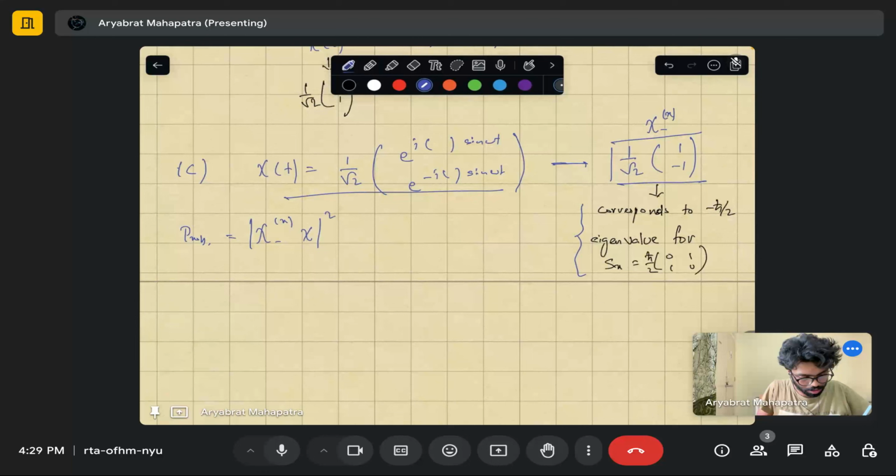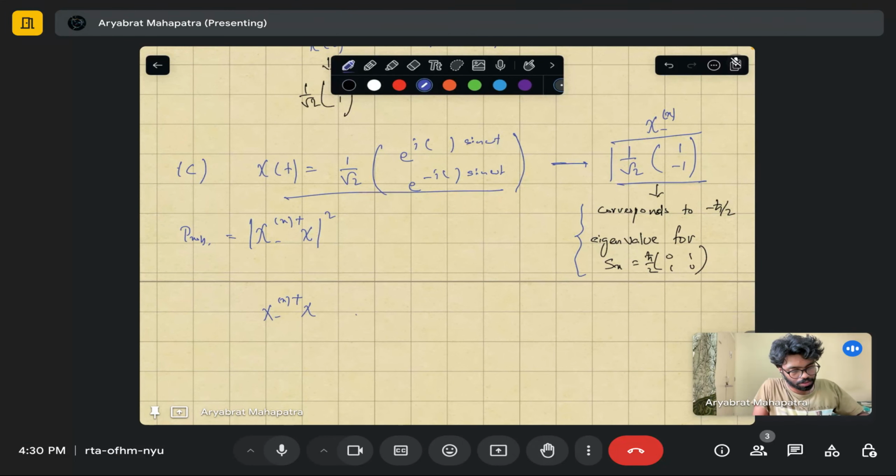So chi minus x, chi inner product. Since we already have the states in the form of matrices, when you take the inner product of two matrices A and B, that is given as A dagger B. So now we are taking the inner product of chi minus x with chi of t. That means we take the dagger of chi minus x and do the matrix multiplication with chi of t.